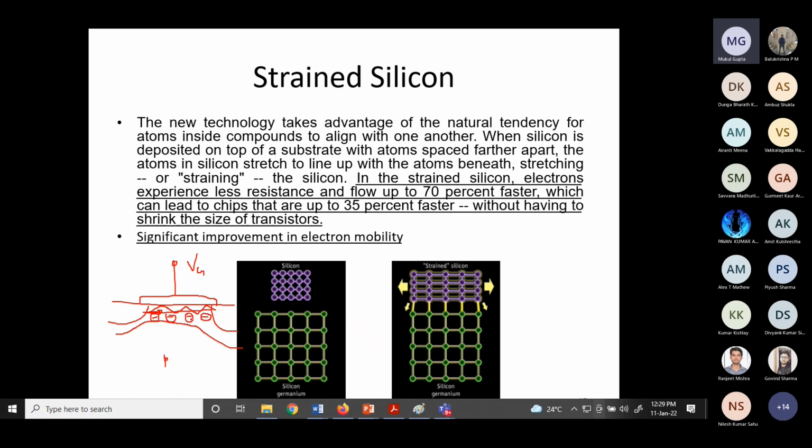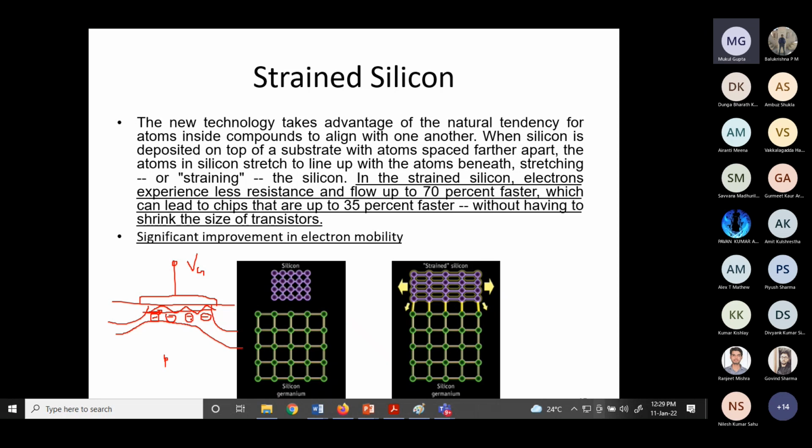Or in case of an n-type substrate, there will be holes, that is a p-channel MOSFET, and they will interact with these immobile ions. That basically decreases the mobility.